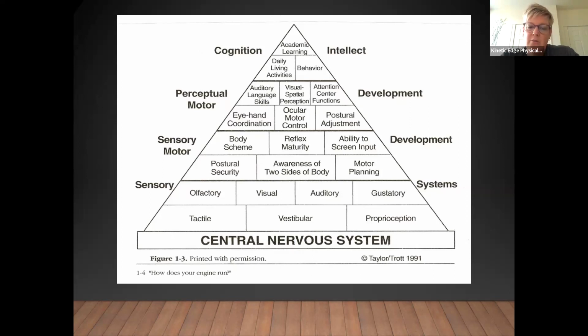I would also move that reflex maturity, which is in the center of the pyramid, to the bottom, and several other clinicians and researchers have also moved it back there. Today's focus is going to be on the sensory system, but at Kinetic Edge, we also focus a lot on that reflex maturity as the foundation of our development. So you can see that our sensory system and how we process it is very fundamental to the rest of our development.